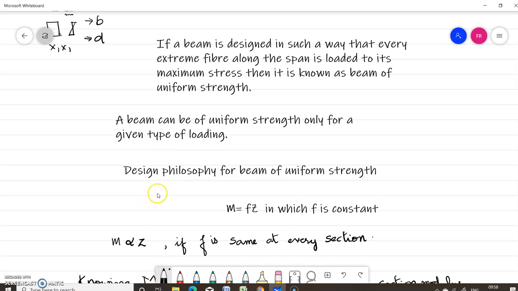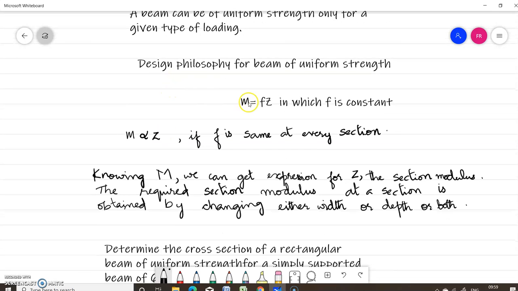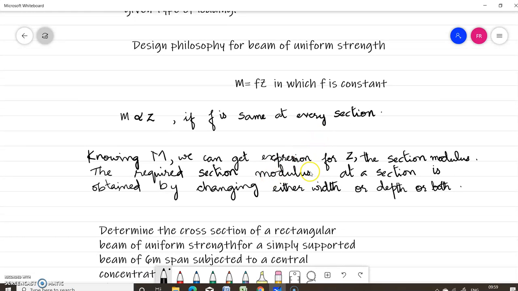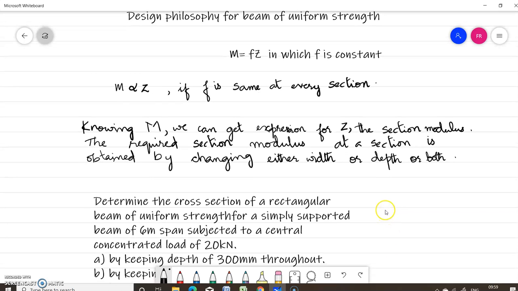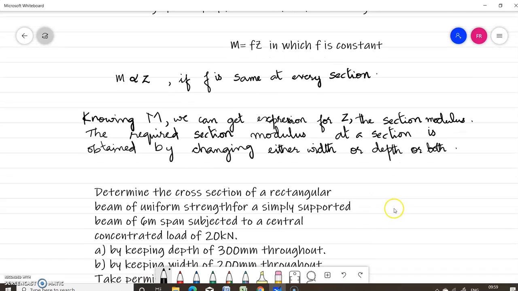So the design philosophy for a beam of uniform strength is M equal to F into Z, in which F is a constant. So M is proportional to Z if F is the same at every cross section. If we know M, we can get the expression for Z, that is the section modulus.